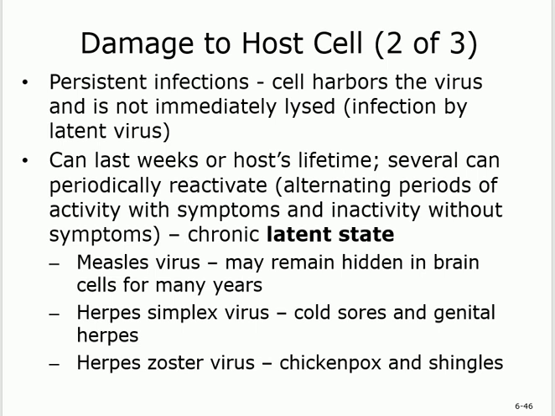And it keeps going like that. Inactive in the ganglia, when you become weak for some reason and the immune system goes down, it reactivates and infects you, causing the cold sore. You regain your immunity, it escapes, goes back, hides, and so on. This is called the chronic latent phase.